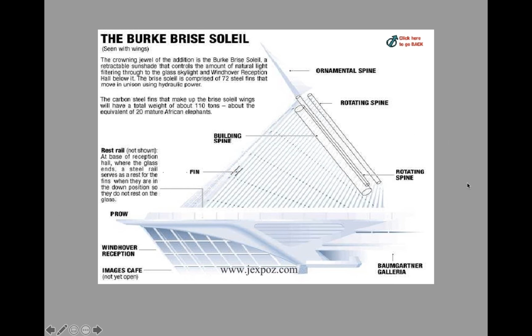So another significance, please, is that the Brise-Soleil, spelled here, reflects wings and the prow of a ship. Again, the Brise-Soleil shows the influence of wings and the prow of a ship. Pretty sweet, right?